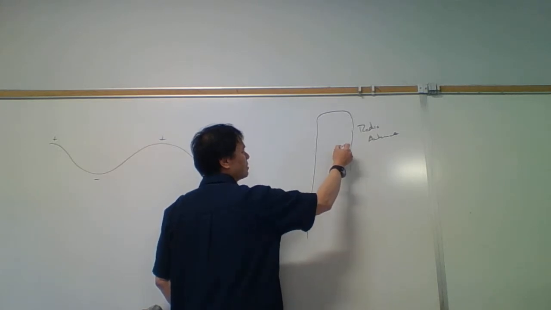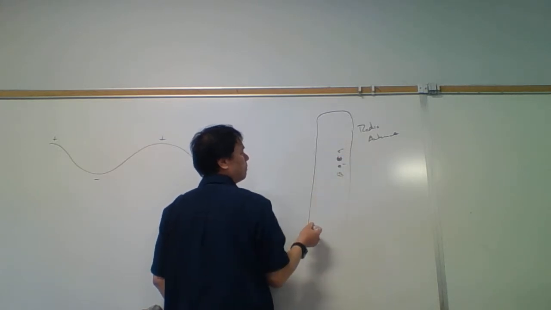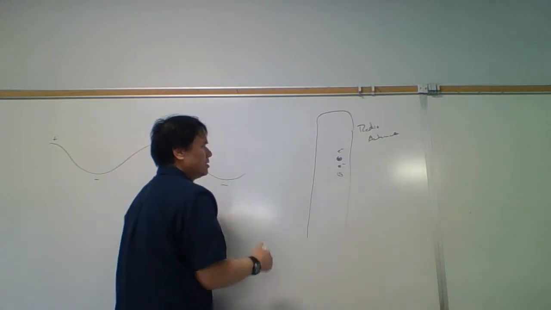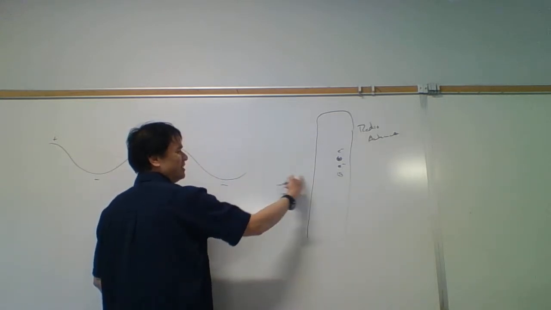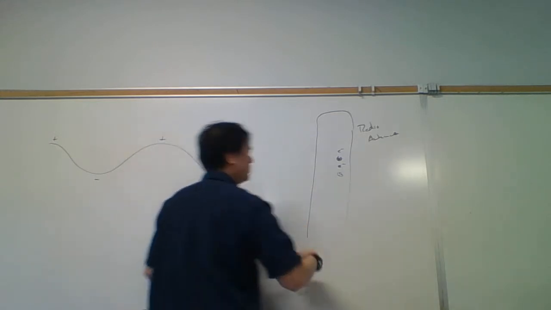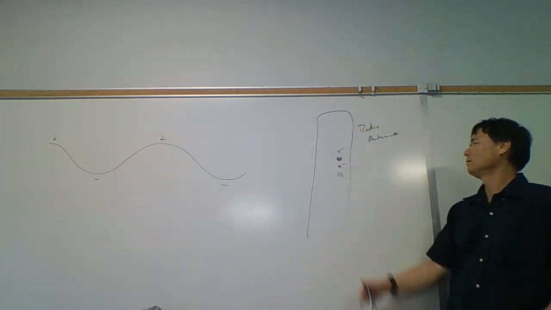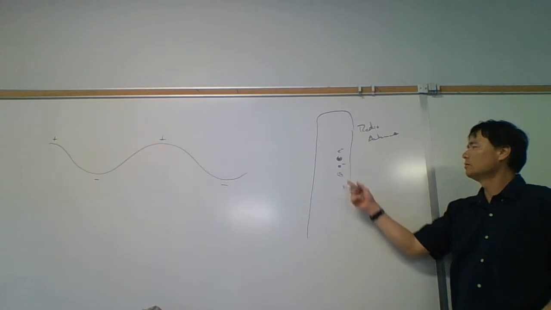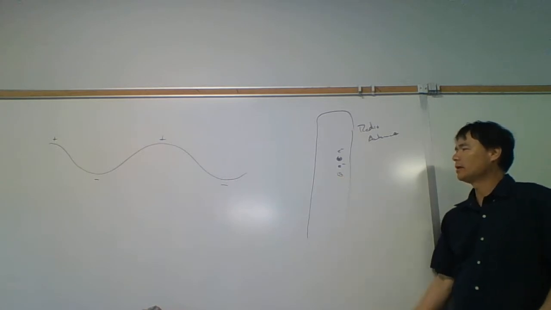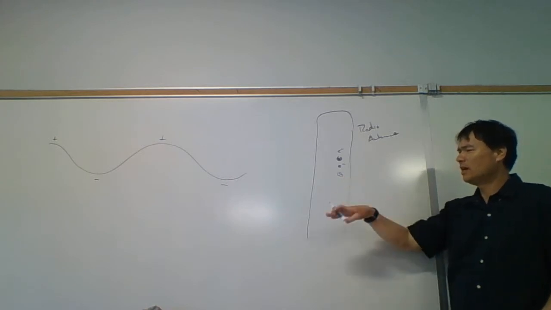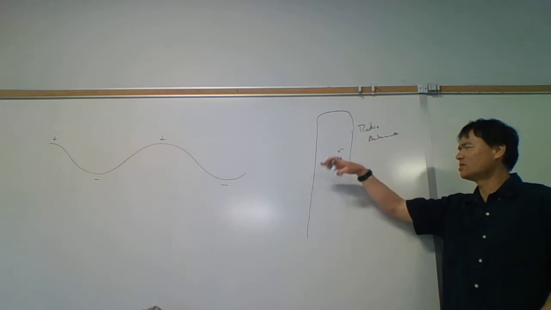So these electrons are pretty loose. If a radio wave hits the antenna, it's going to experience an oscillating field like this, up and down. The nuclei are kind of massive, they're heavy, so they don't really oscillate with the field.